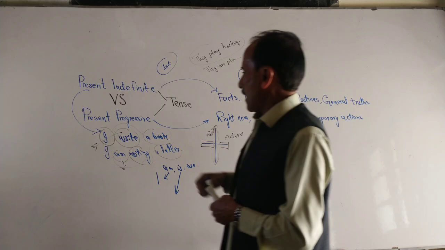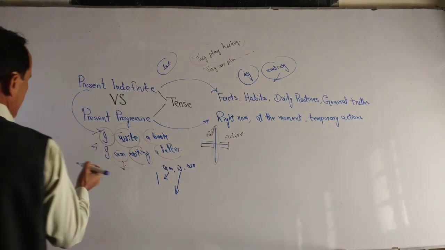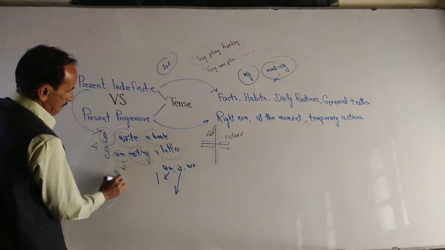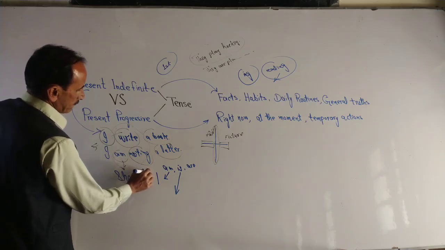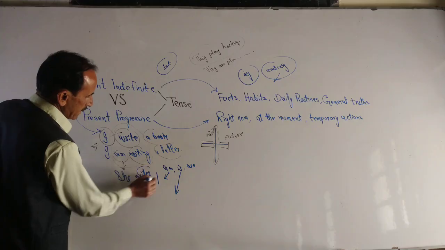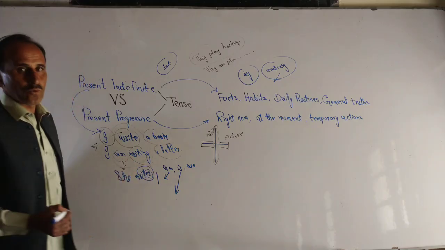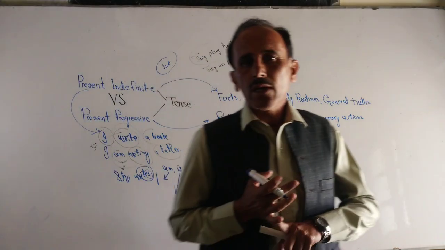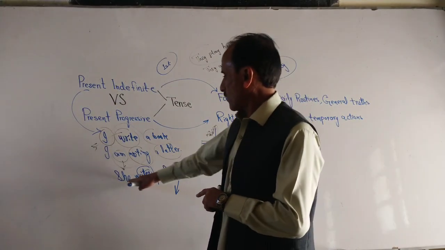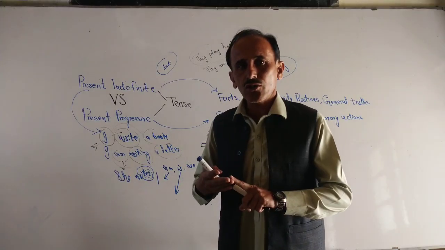For example, I write, she writes. How to add s or es with the base form of the verb when the subject is he, she, it, or a singular noun.